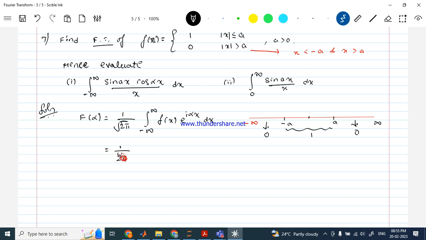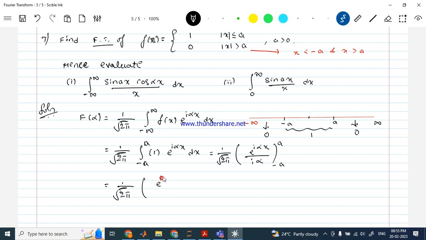It's 1 by root 2 pi, the integral from minus a to plus a of 1 into e power i alpha x dx, since in the other intervals the function is 0 and the value of the integral becomes 0. That is just a simple integration. 1 by root 2 pi, the integral of e power i alpha x is e power i alpha x by i alpha, between minus a and plus a. Substitute the limits.